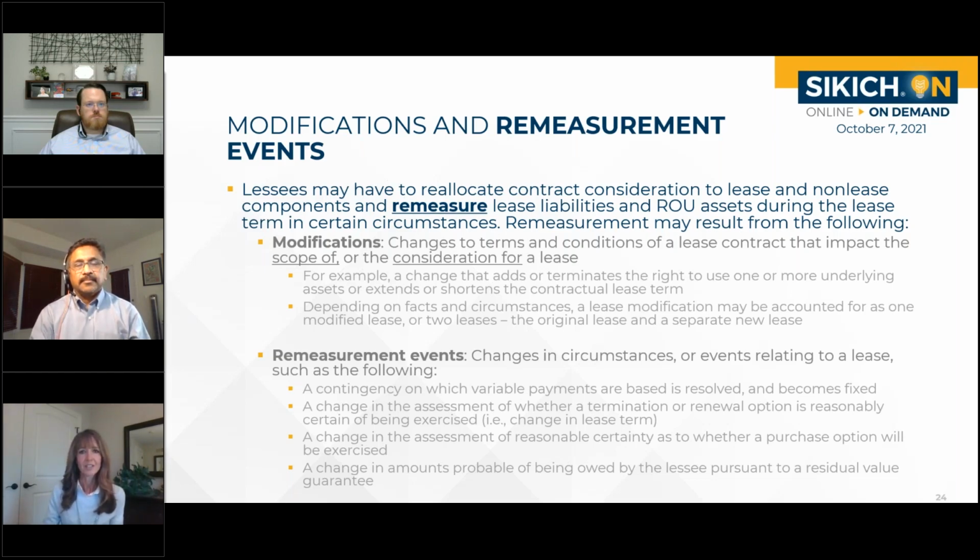There's more information here that you can refer to later as needed, but we want to focus this webinar on adoption and initial measurements, what we're calling day one accounting. So we won't dive into detail on these rules other than just to mention that the occurrence of certain events will require remeasurement of lease liabilities and adjustments to ROU assets. And monitoring these events will be important for day two accounting that organizations will want to plan for.